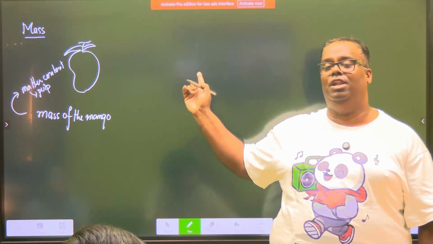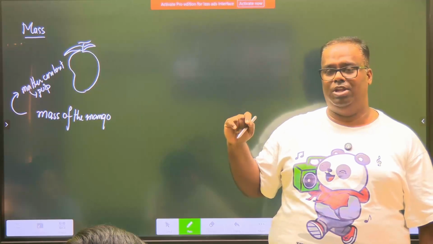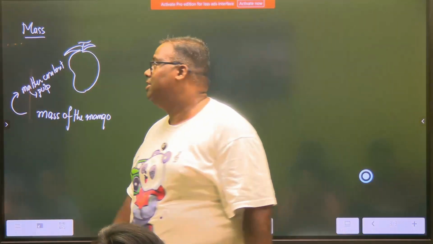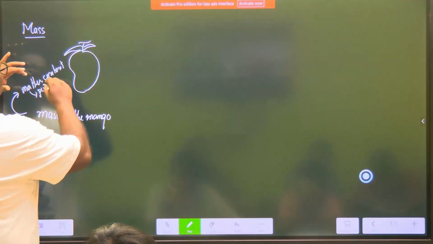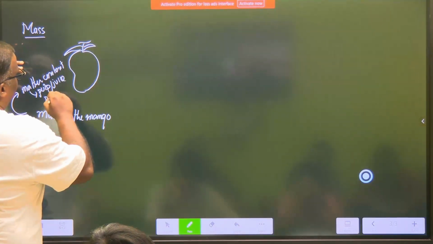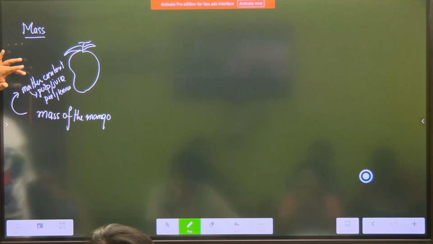इसको समझते हैं पहले. बुक में डेफिनेशन रहेगा, उसको याद करने से आपकी क्लैरिटी नहीं हो पा रही है. ठीक है, इसको क्लियर से समझते हैं. So mass is the matter content. Your matter content can be what? Pulp. There can be juice. There can be peel. There can be leaves. Right? All these are matter.